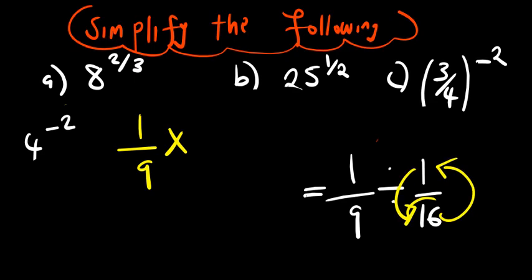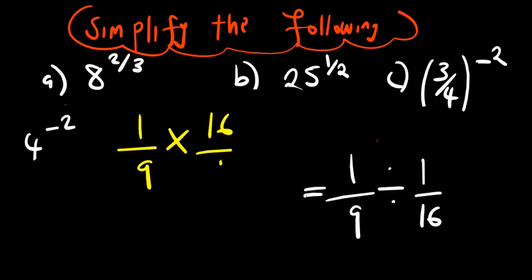So we're going to have 16 go on top and 1 come down. Then you solve. 1 multiplied by 16 is 16. 9 multiplied by 1 is 9. So basically that will be your answer.